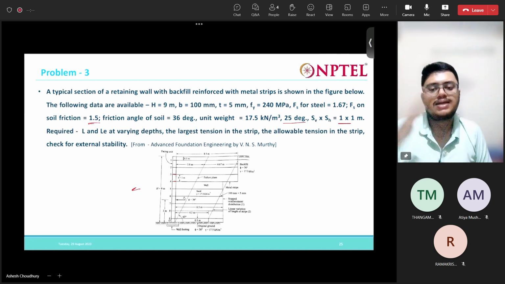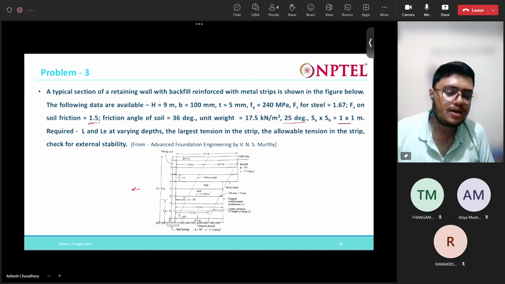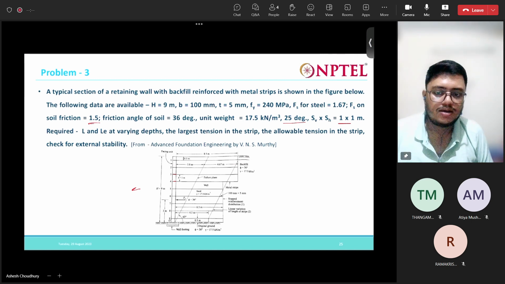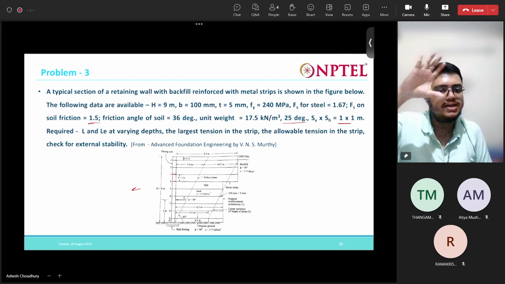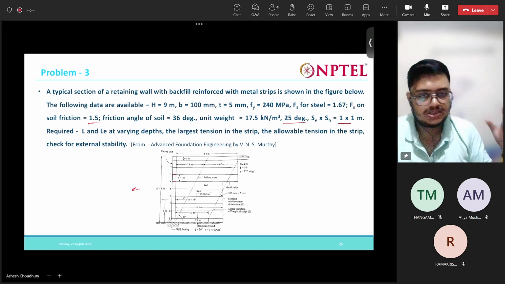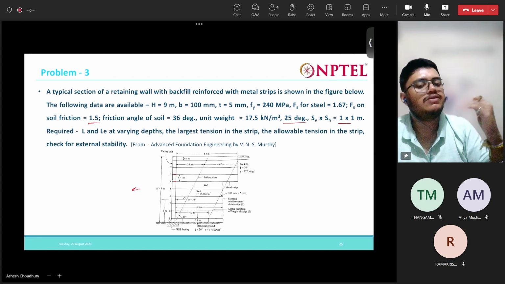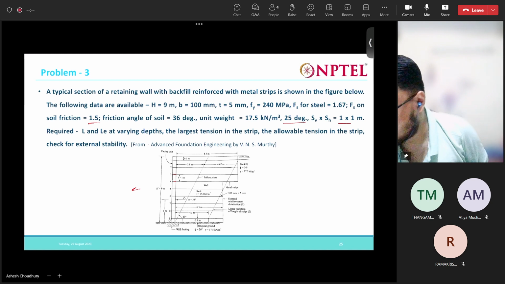This active thrust should be taken care of by the tensile load on each layer. It is divided as load into each reinforcement layer, isn't it? So let us check that once.